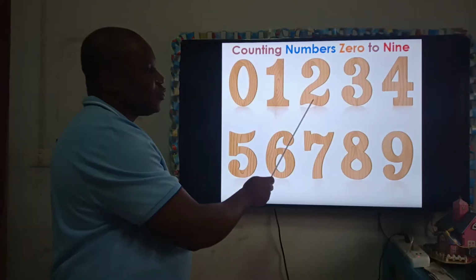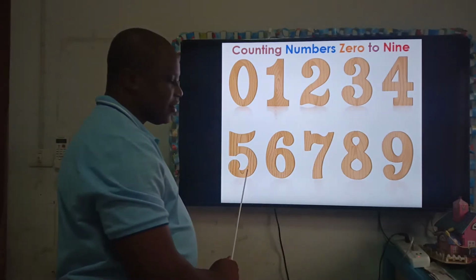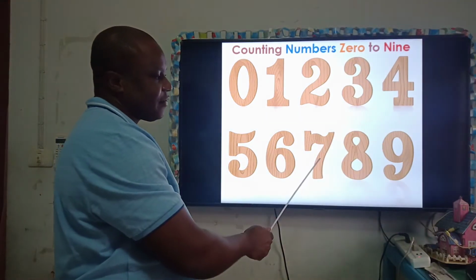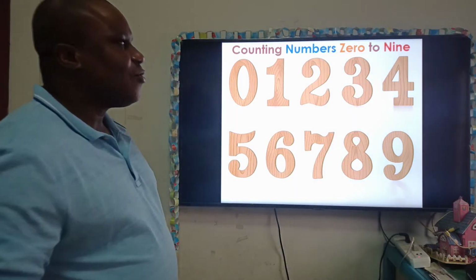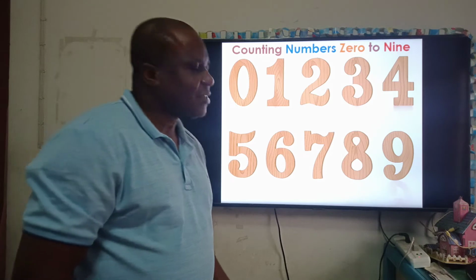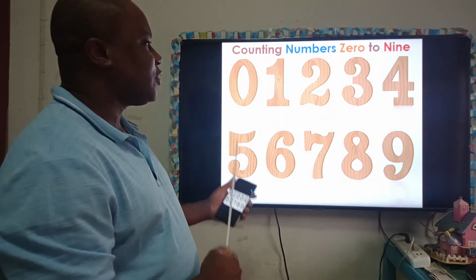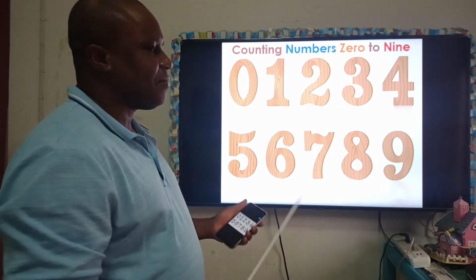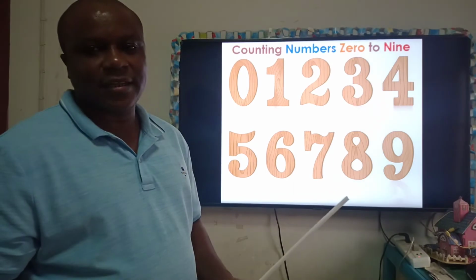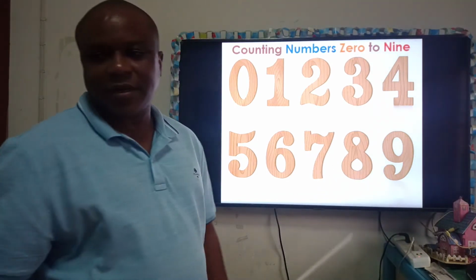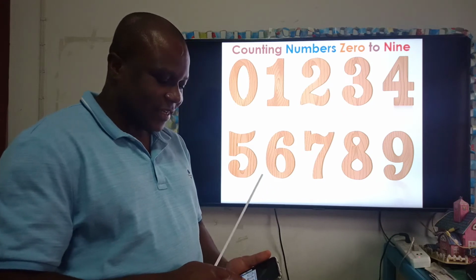This one is what? 2, 3, 4, 5, 6, 7, 8, 9. You understand? So when you count something from 0 to 9, you can remember that this is 0 to 9. And if I ask you, after 9, what number is it? 10. So you see that counting numbers is very, very easy.